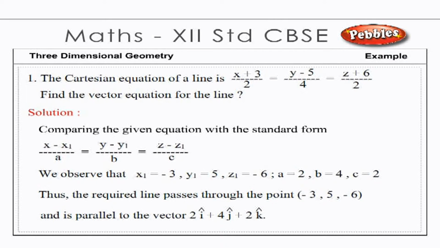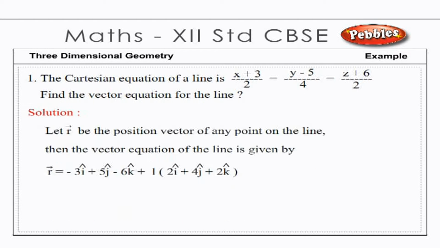We observe that x1 is equal to minus 3, y1 is equal to 5, z1 is equal to minus 6 and a is equal to 2, b is equal to 4, c is equal to 2. Thus, the required line passes through the point minus 3, 5, minus 6 and is parallel to the vector 2i cap plus 4j cap plus 2k cap.